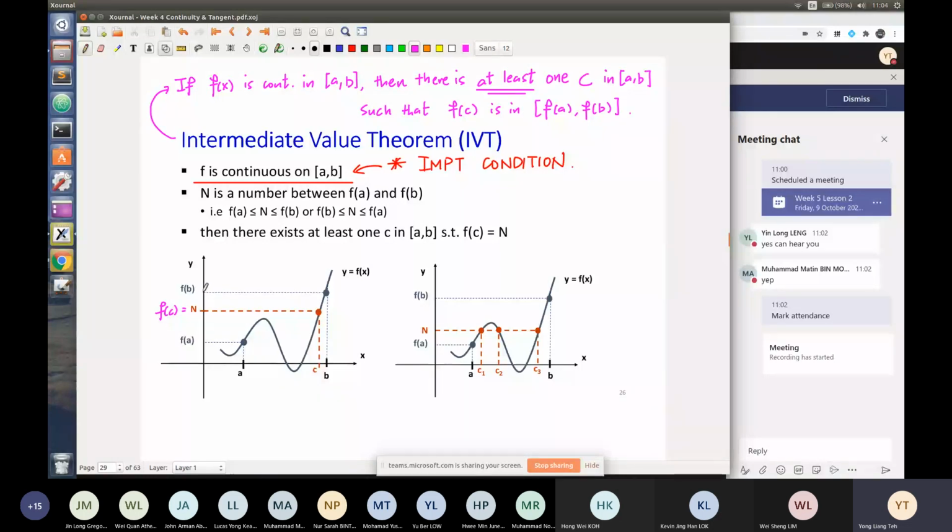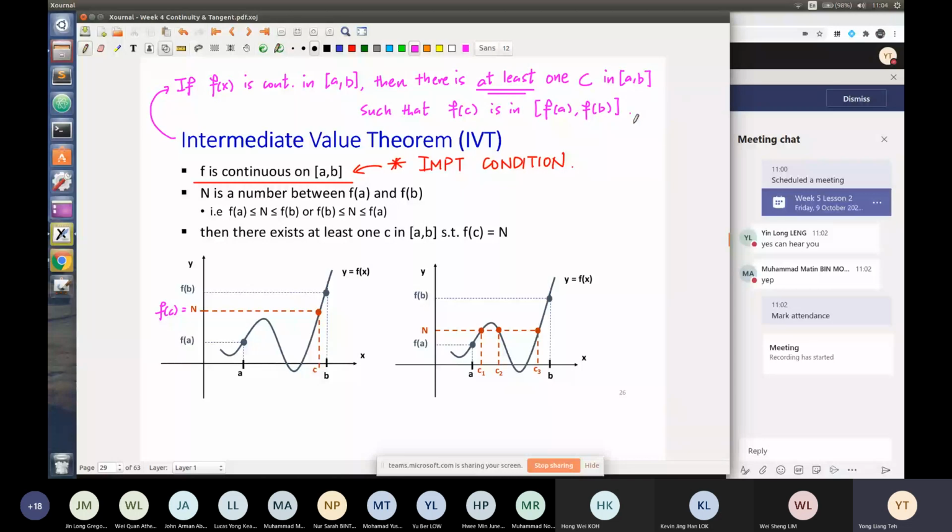So if you have some input x value c that resides between a and b, that implies that f of c, this function value, must be situated between f of a and f of b. You can see this one-liner definition of the IVT there.